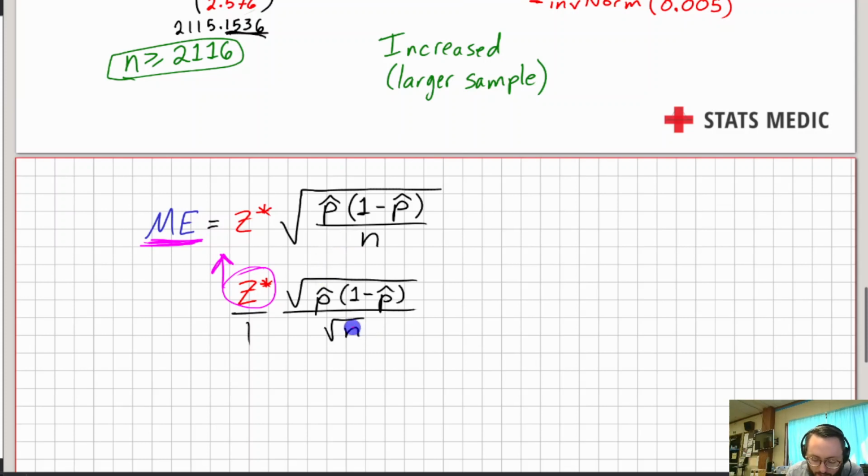That leaves the only thing that can change, which is n. Because z is going up, this entire thing needs to decrease, which it can only do if n also increases, because as n gets bigger, this denominator gets bigger, which makes this entire fraction smaller, to compensate for the increased critical value, z star.